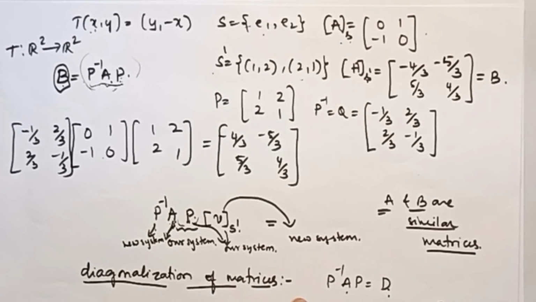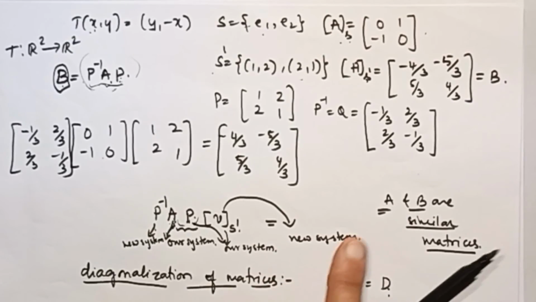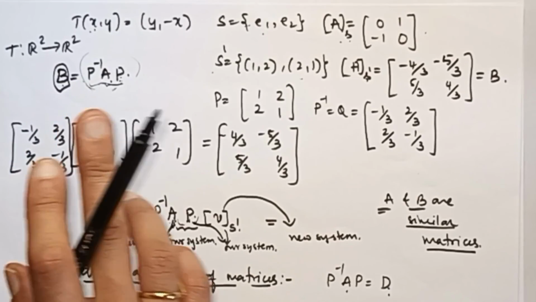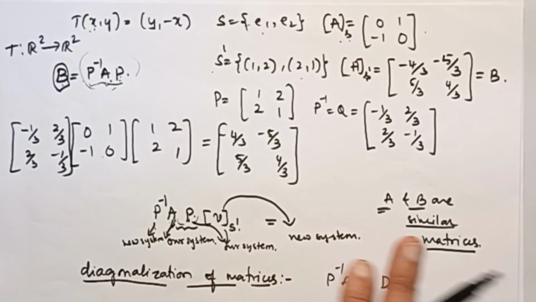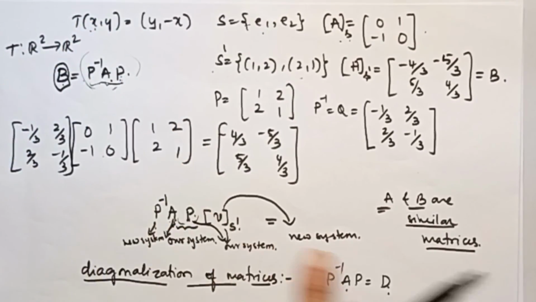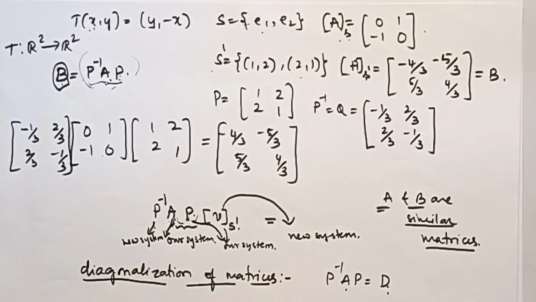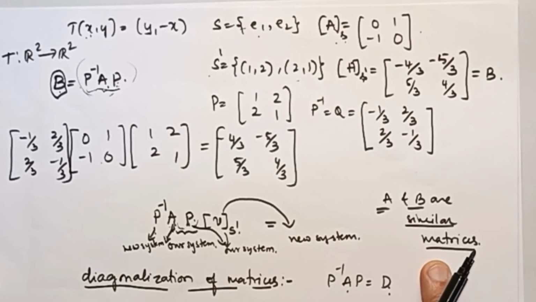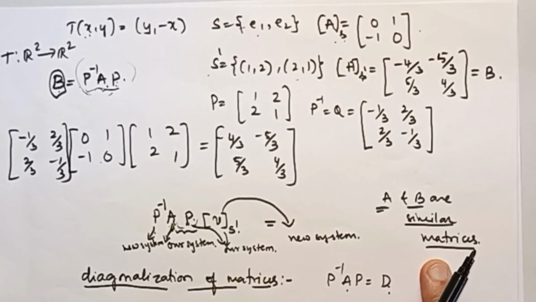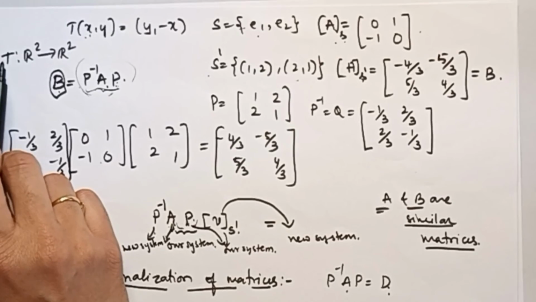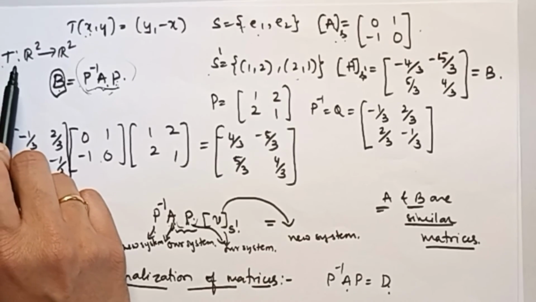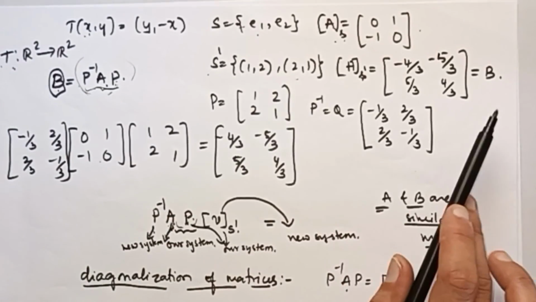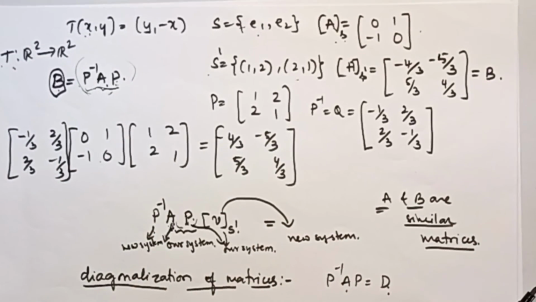The intuition behind this is that if you have a basis of R square with respect to which the matrix of the transformation is a diagonal matrix, then we call such matrices diagonalizable matrices, or diagonalization of the operator. The given operator is said to be diagonalizable if there exists a basis of R square with respect to which the matrix of the transformation is a diagonal matrix.